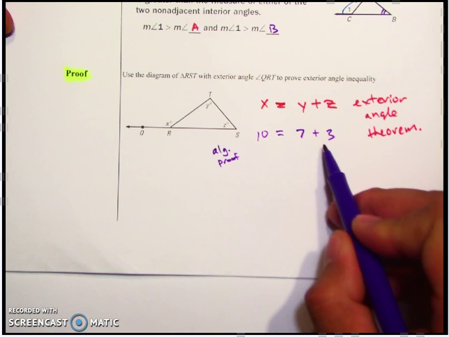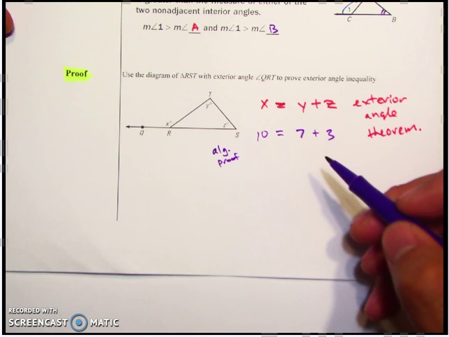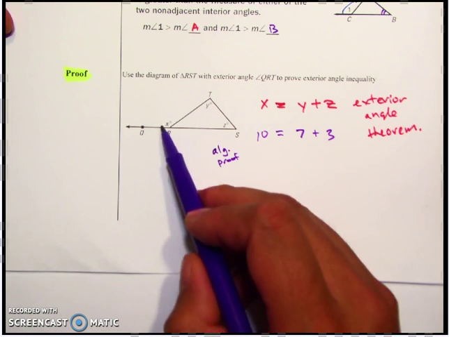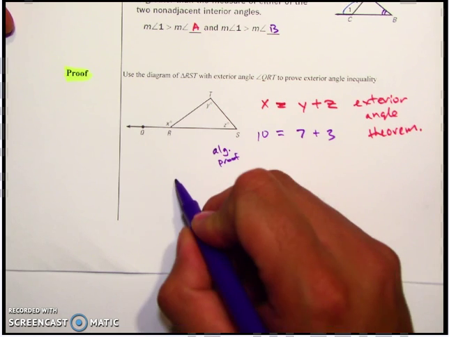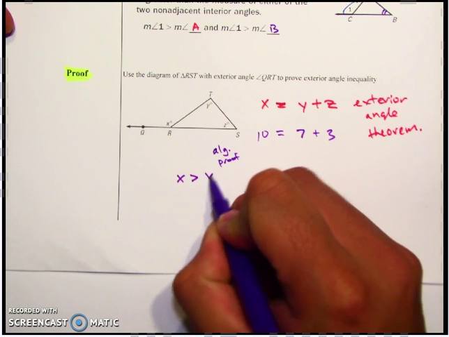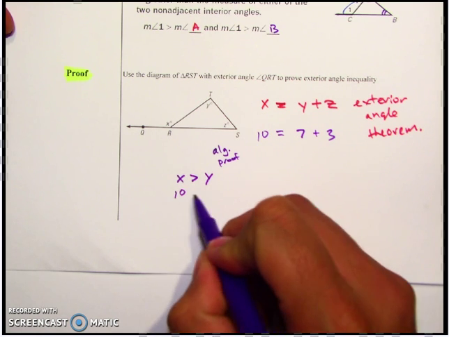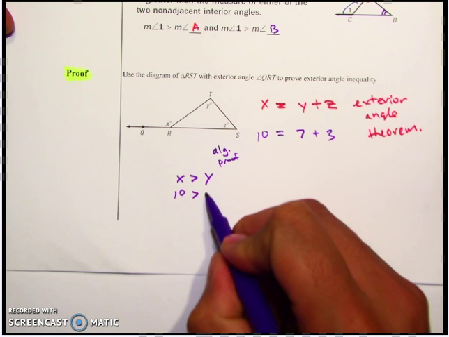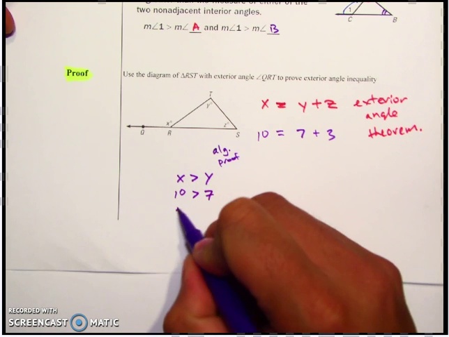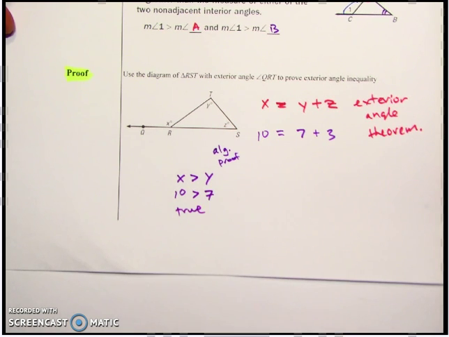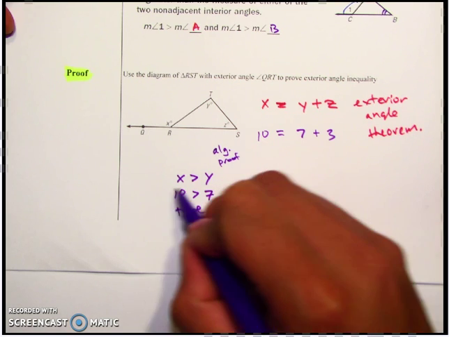So this is a true statement. So we're trying to prove that the outside is greater than the inside. So X is greater than Y. Well, let's see. My X is here 10. My angle Y here is 7. That's true. Okay. So that seems to be working. It's a true statement.